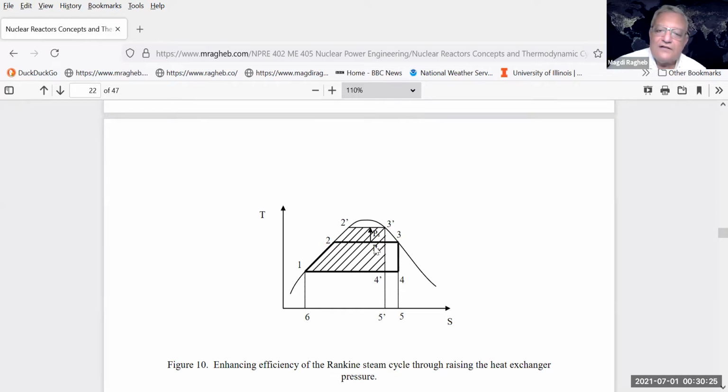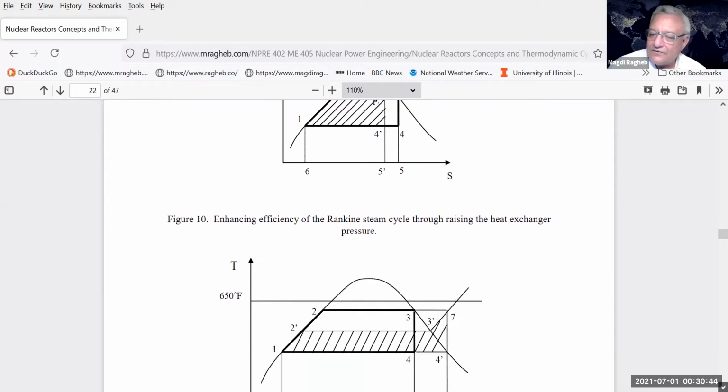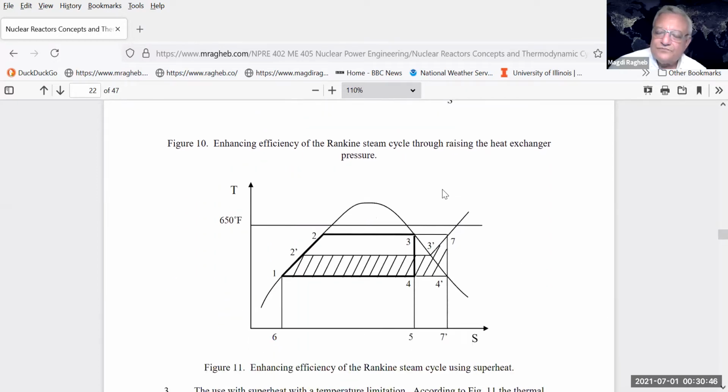This is basically not necessarily a way of enhancing the efficiency, because that area here can be larger. The area operating at a lower temperature for heat addition could be better than operating at an even higher temperature, if you only increase the area by going to a higher temperature.